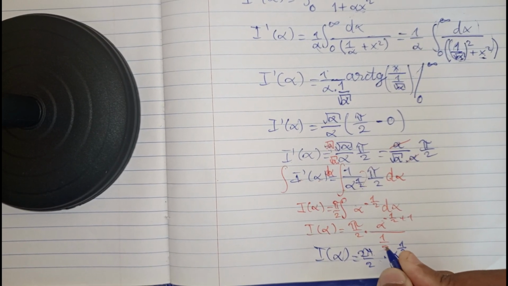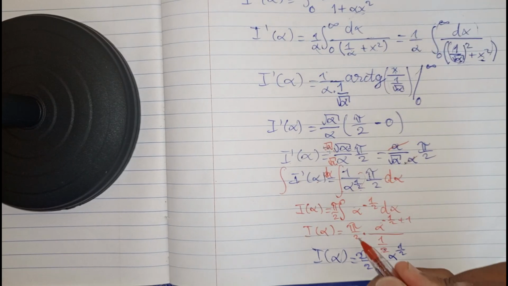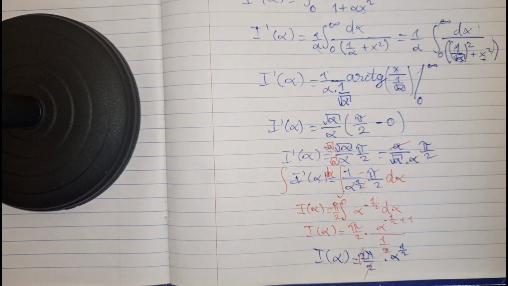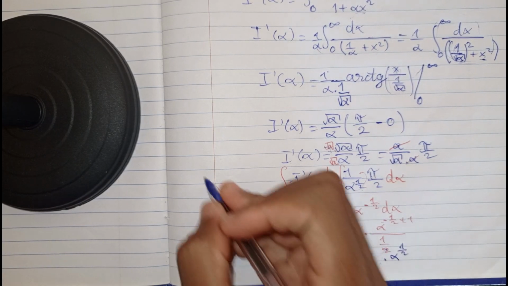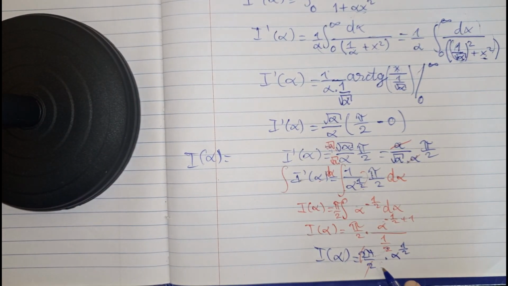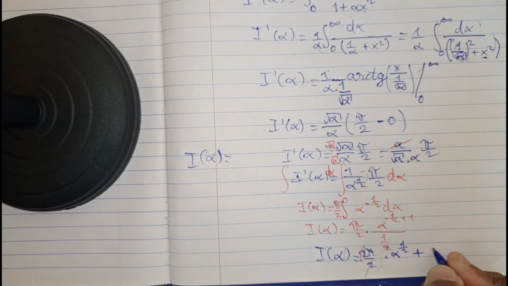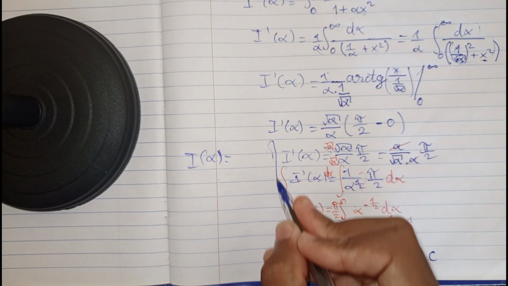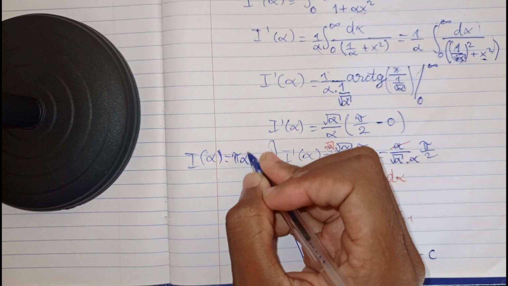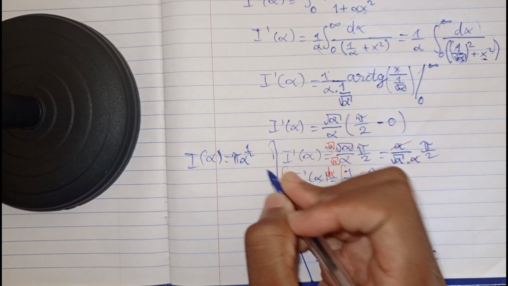We could have cancelled this, but no problem. Don't forget plus c. So we get I of alpha equals pi times alpha to the power 1 over 2 plus c.